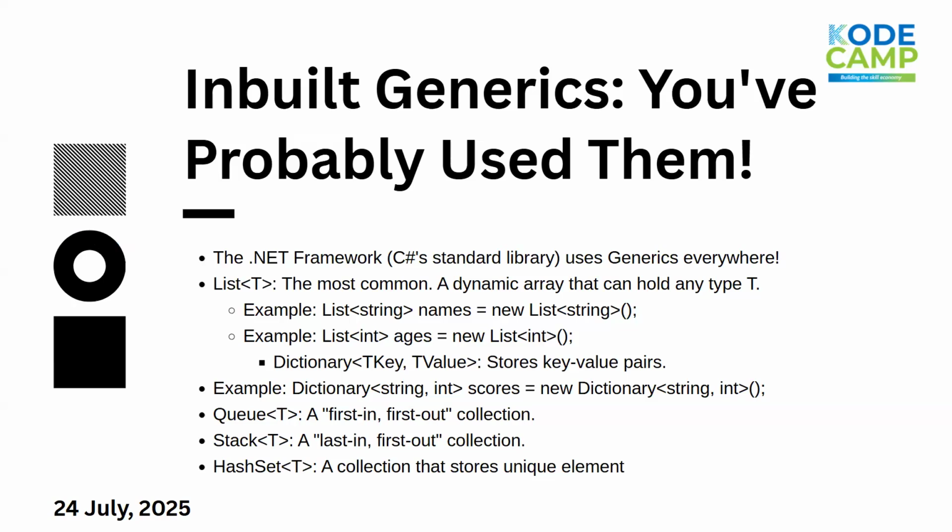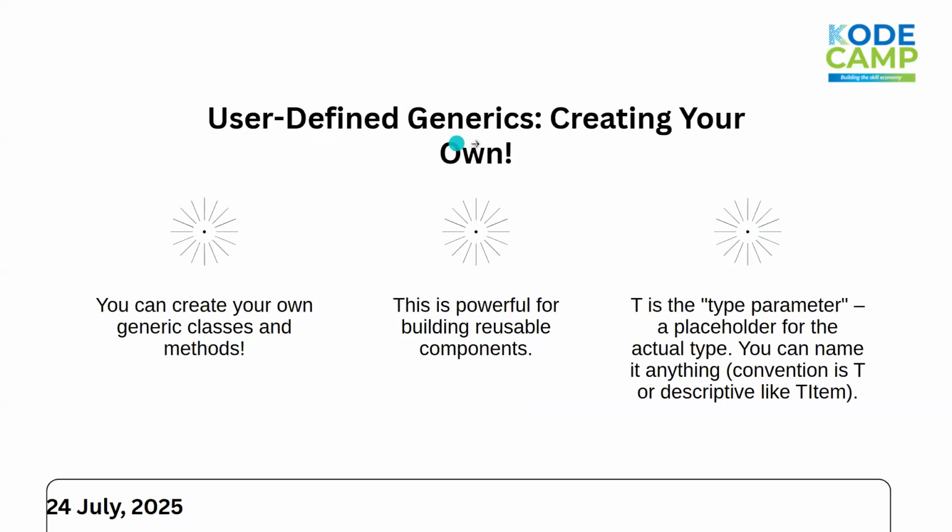All right. So just as we have inbuilt classes, we also have custom classes. So for generics, we have inbuilt generics and we also have user-defined generics, like custom generics. We can actually define our own generics, so we'll see that when we go into the code.